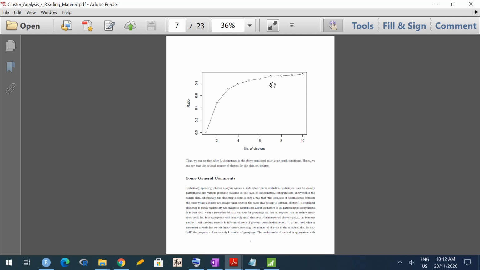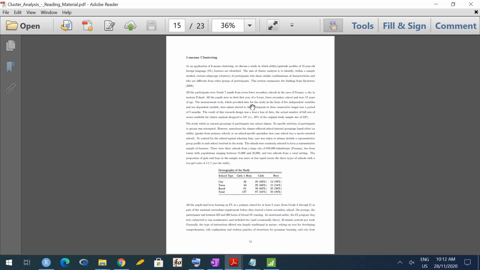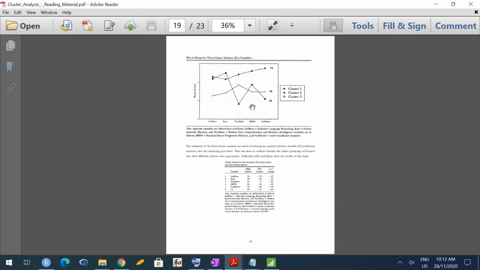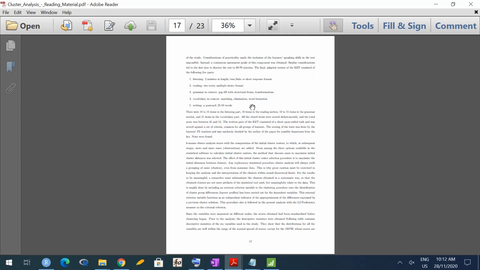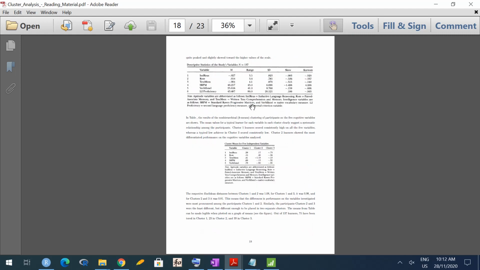I've discussed some sort of algorithm for deciding optimal number of clusters also. Now, in cluster profiling, sometimes we can get some interesting results. So here is one example on language abilities. Okay, so the study was carried out on foreign language learners, and they were trying to identify the linguistic abilities and how they contribute to learning, etc. So there were different types of tests.